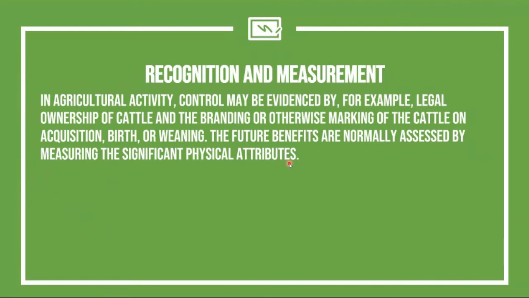Of course, it is hard to simply have legal ownership without providing proof that you really own that particular animal. In the case of plants, for as long as the plant is within your lot area or the land that you own, there's no problem. The problem is with biological assets that are animals, because animals move from one place to another. So aside from legal ownership, you also need to make sure that you are putting marks or any symbol or device that will separately identify that biological asset from others.